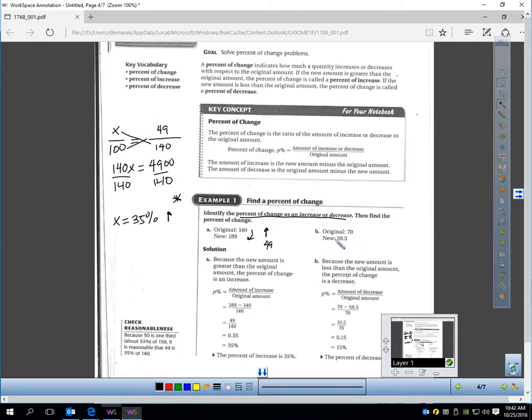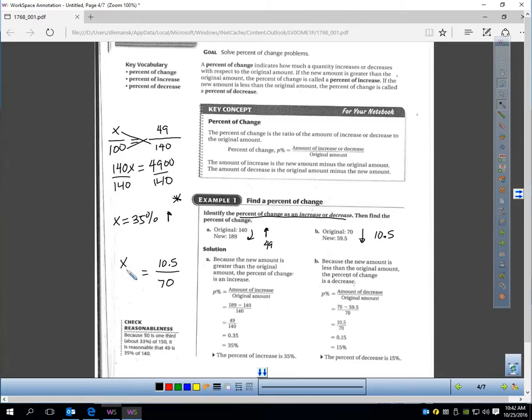Let's do this one. The original amount is 70. The new amount is 59.5. Let me write a proportion. The original amount is 70. Can you see how we had a decrease of 70 minus 59.5? We had a decrease of 10.5. So the decrease was 10.5, and I want to find out what percent out of 100 that decrease would be.